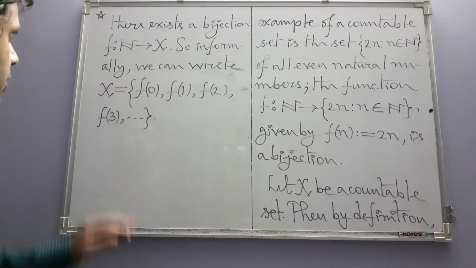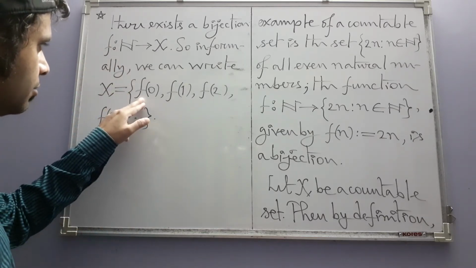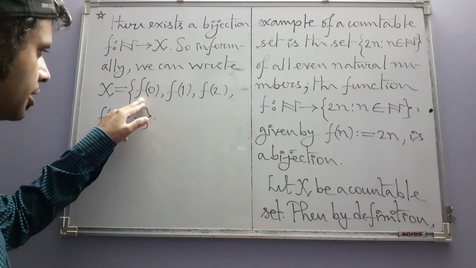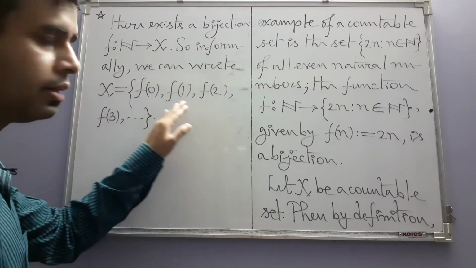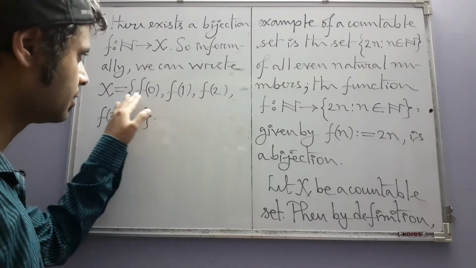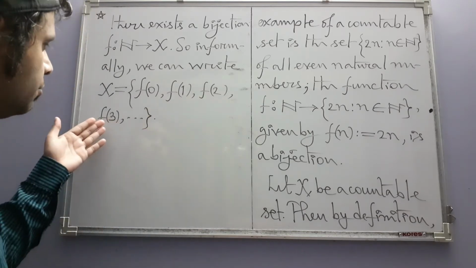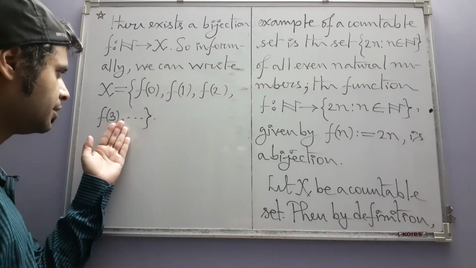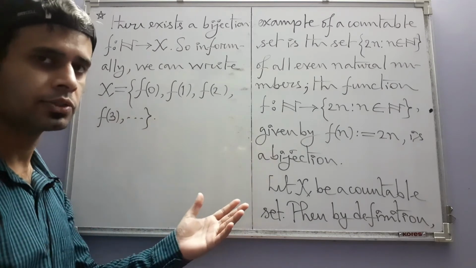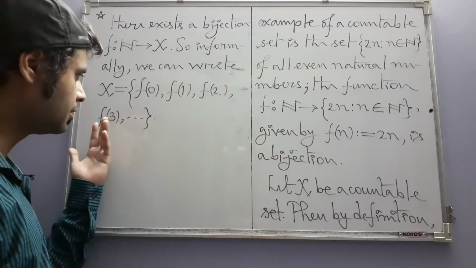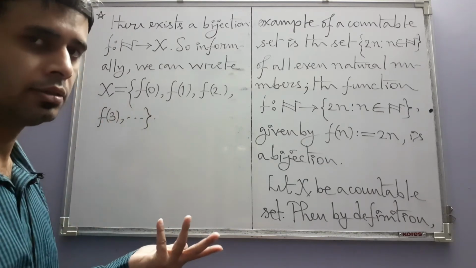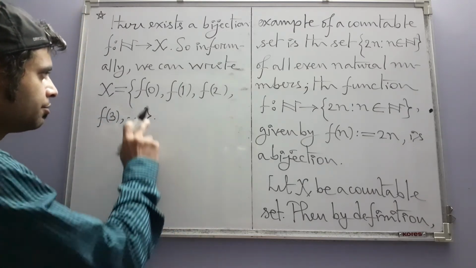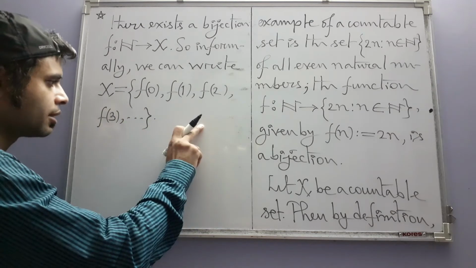It's like the function f has given us a way of listing all the elements of X in a definite fashion, in a definite pattern. Of course, we will not be able to ever finish writing the complete list, because the objects involved in this list are infinite in number. But still, we know what the next number could be.